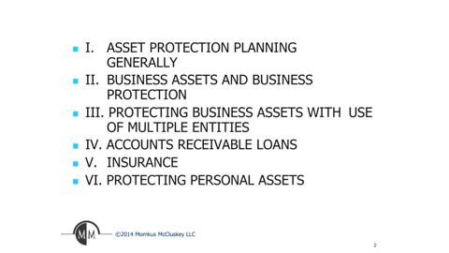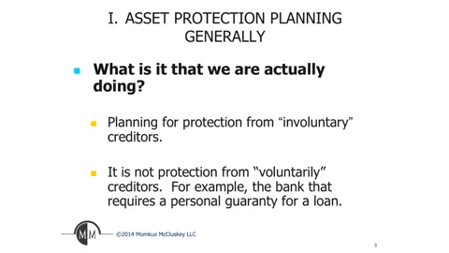Fourth, very briefly, some of the advantages of accounts receivable financing in asset protection. Fifth, insurance and its role in asset protection planning. And finally, we're going to apply some of the principles we will have already discussed to personal assets and talk about some particular tools that only apply to personal assets.